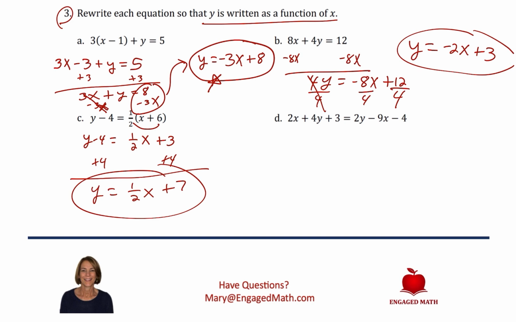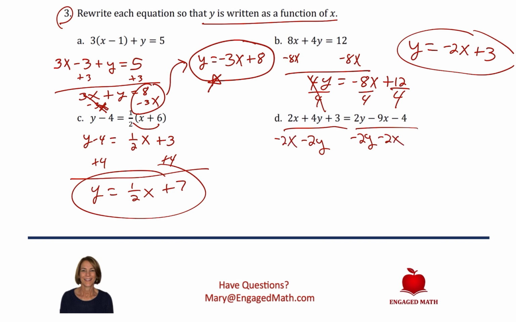Now remember, if two terms are on the same side of the equal sign, we can just combine them. But in this case, there's no like terms on the left or the right. So I'm going to start by moving this 2y on the right-hand side to the left by making it minus 2y. And I'm going to do a few steps at once here. I'm also going to subtract 2x from both sides.